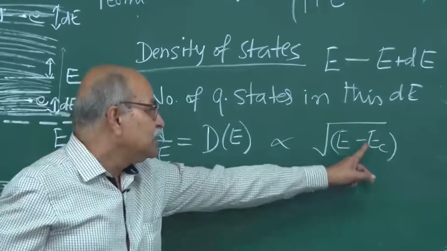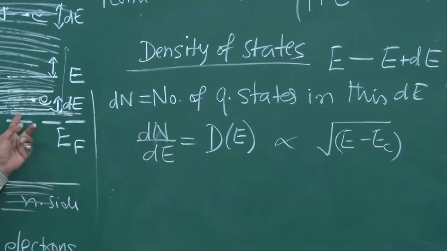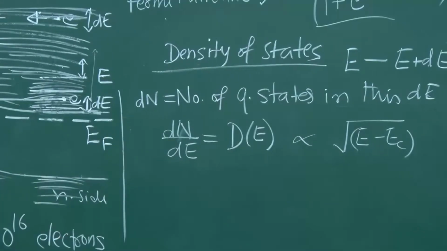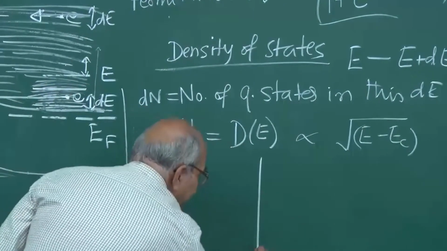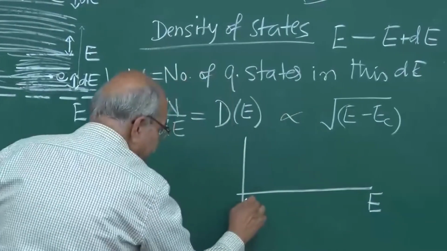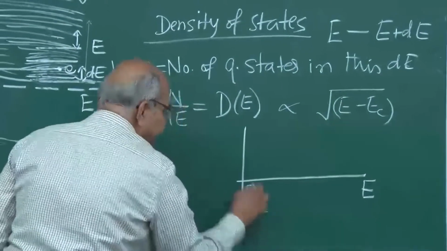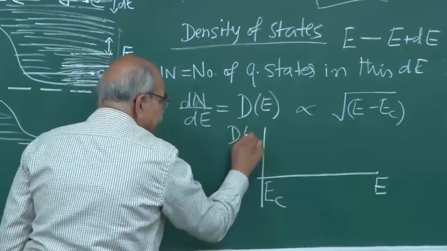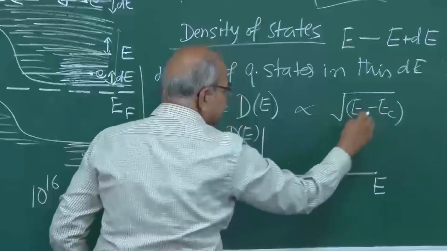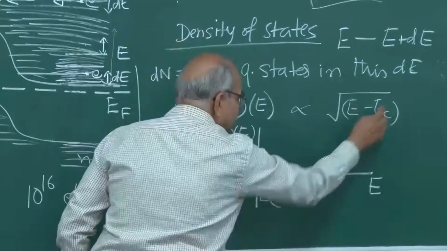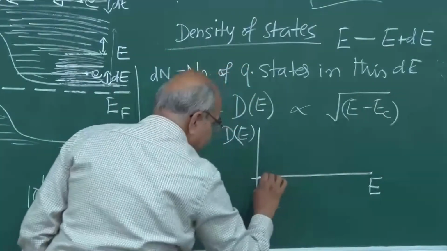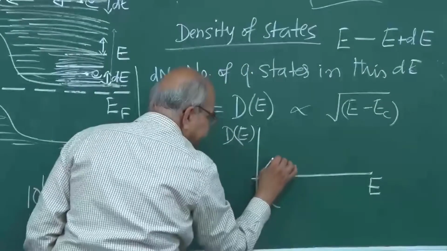At E equal to EC, right at the bottom of the conduction band, this number is 0. If I plot D(E) against energy E, with this point being EC, then at E equal to EC it is 0, and then it is proportional to the square root, so it will go like this.